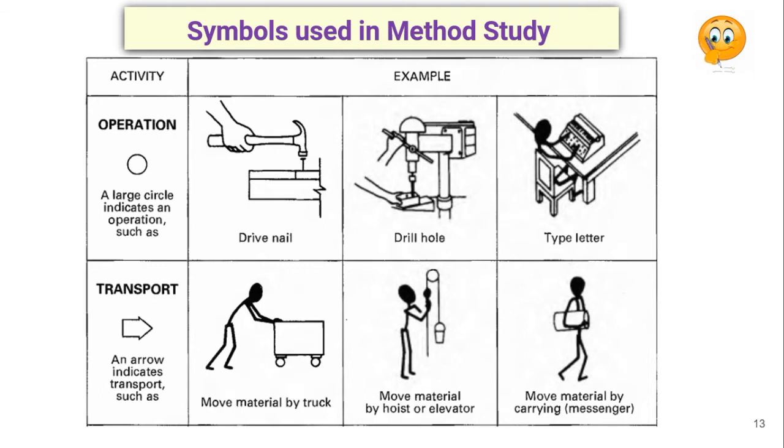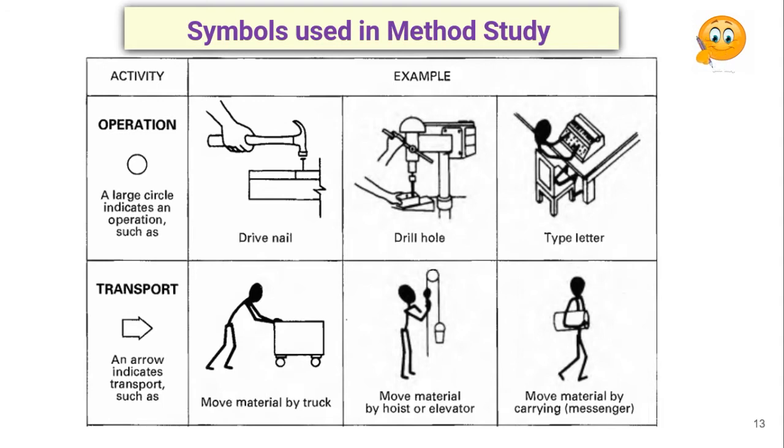So this makes clear what is meant by operation. An operation occurs when an object is intentionally changed in one or more of its characteristics. This indicates the main steps in a process, method or procedure. An operation always takes the object one stage ahead towards completion.